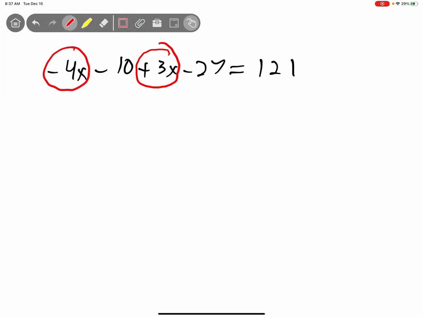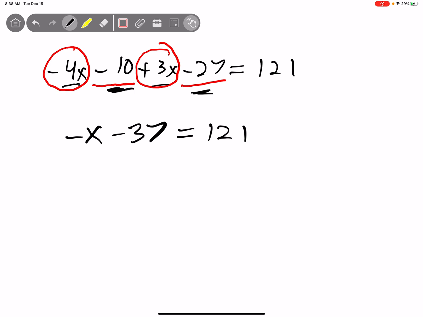And then I'm just going to underline the other like terms. So the x's are circled, the non-x's are underlined. Right now, negative 4x plus positive 3x gives me negative x, and then negative 10 and negative 27 gives me negative 37. So I put down a minus 37.